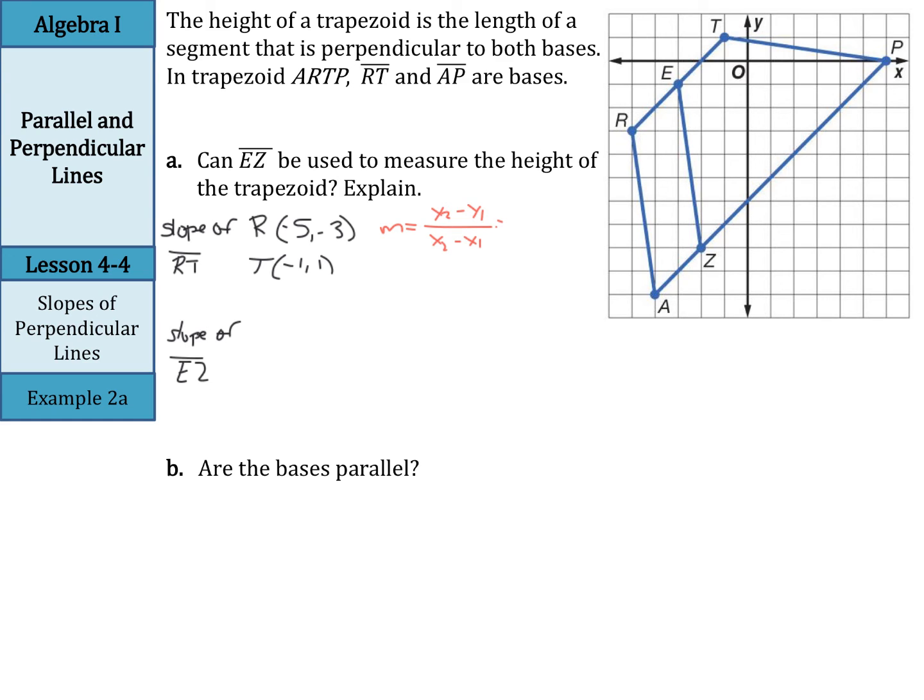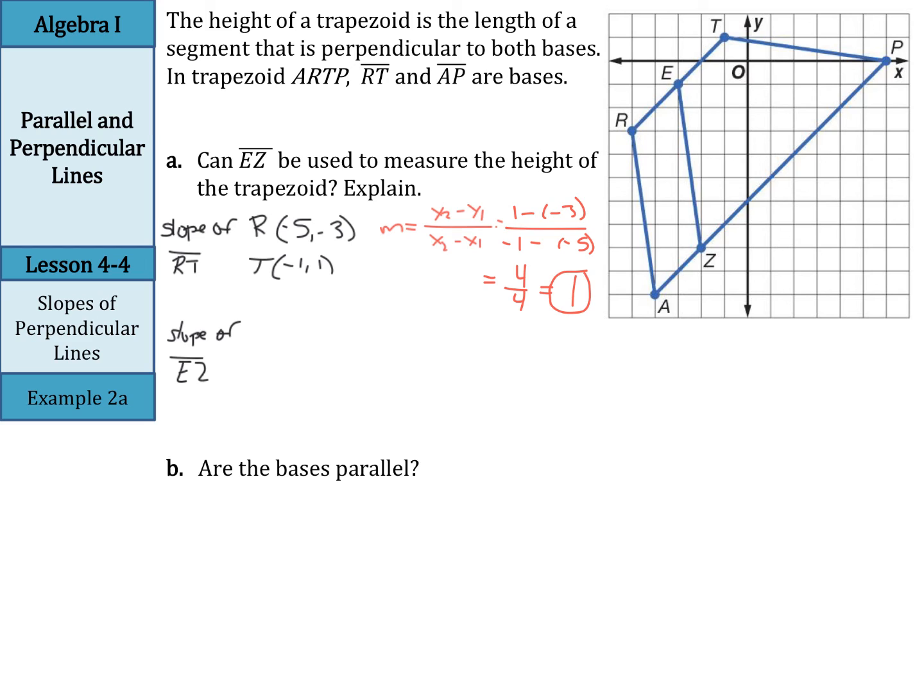We're going to use our slope formula, m equals y2 minus y1 over x2 minus x1, and we'll go 1 minus the -3 over -1 minus the -5. This simplifies into 1 minus -3 is a +4, and -1 minus -5 is also a +4. So the slope of RT is simply 1.